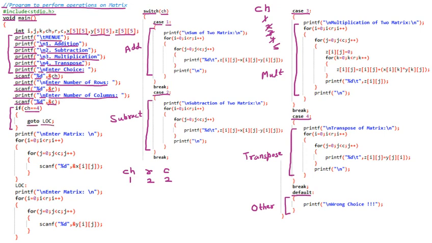Now if the user is asking for the transpose, the control will go directly to this location, and that means we are skipping this particular part. This part will be skipped only for choice 4, meaning transpose. If you are asking for the transpose, 1 matrix will not be taken from the user.